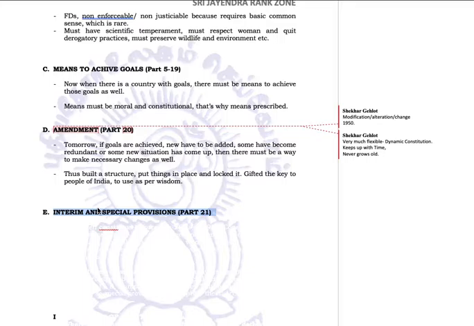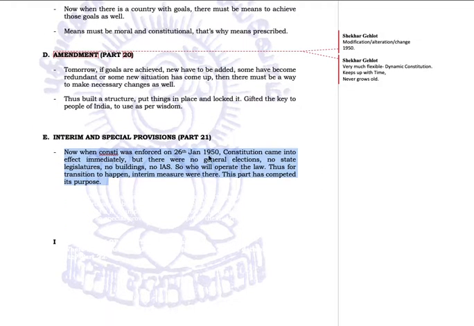Then how does a country function without a proper framework for the judiciary or elections or a proper working parliament or the IAS? For that matter, the executive was not there. So how does a country as large as India function? That is answered in the interim and special provisions.